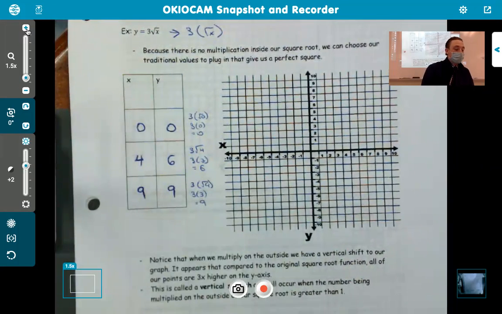So my points are 0, 0, 4, 6, and 9, 9. Are there any questions about how I found those points? The work is there off to the side, just in case you need it. Any questions about how we found those?